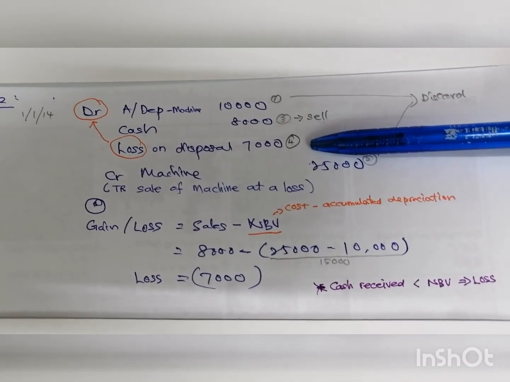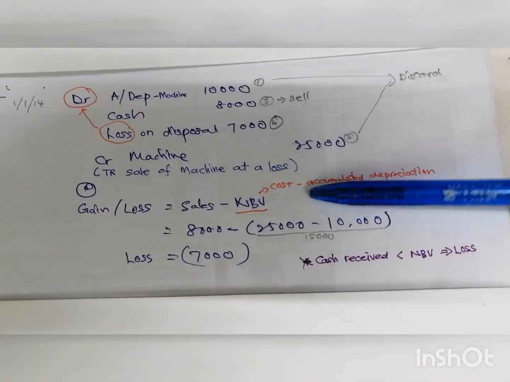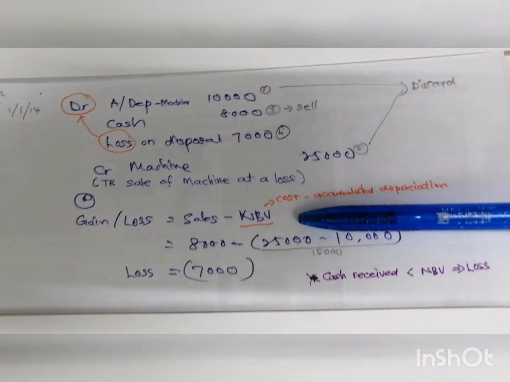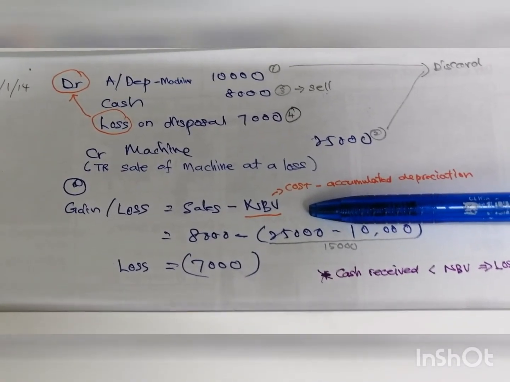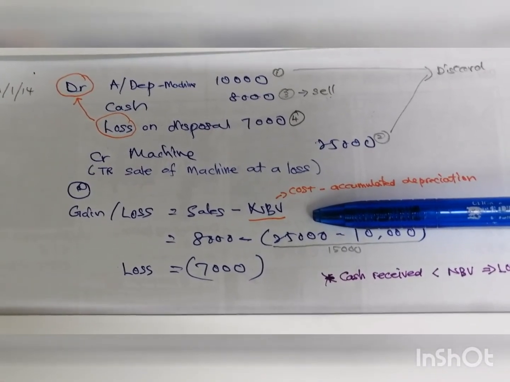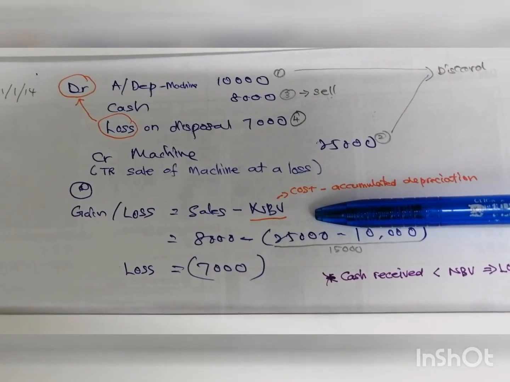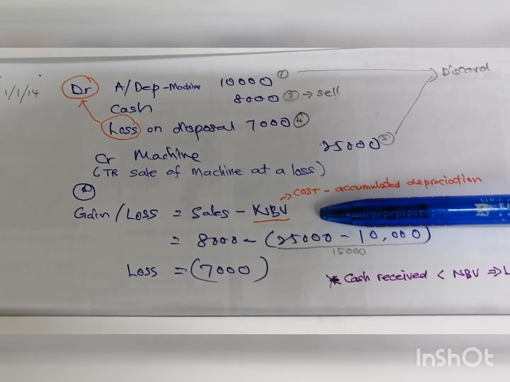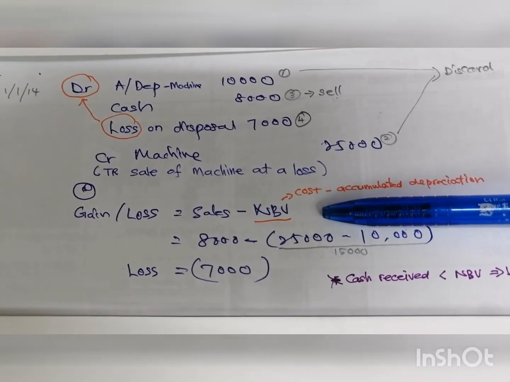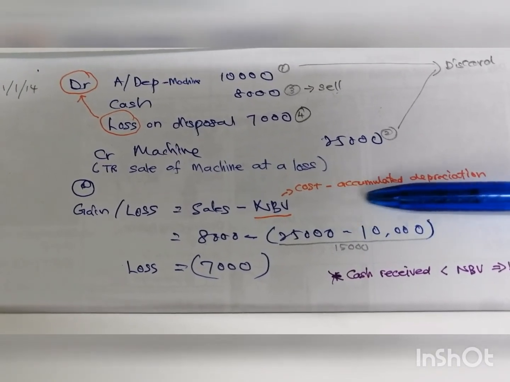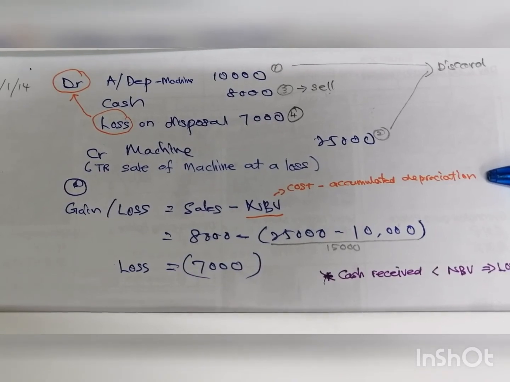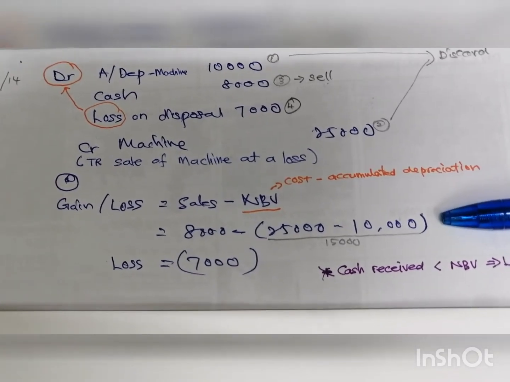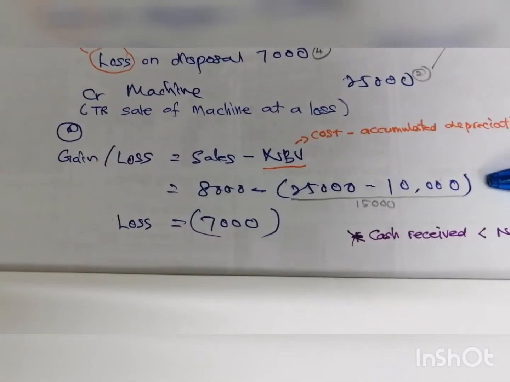How do we know that? Now look at the formula given here. To calculate the loss or gain on the disposal is the sales minus net book value. Net book value is the cost of assets minus accumulated depreciations. So we can get this figure.